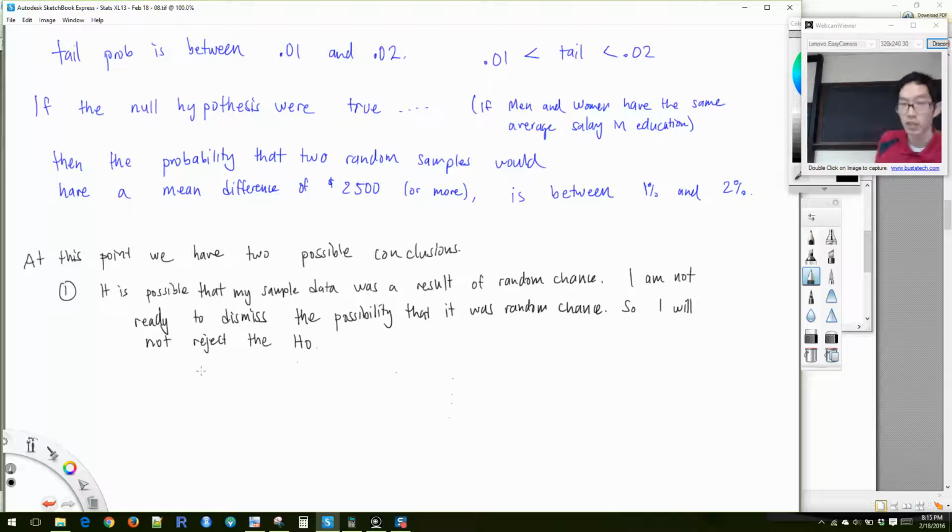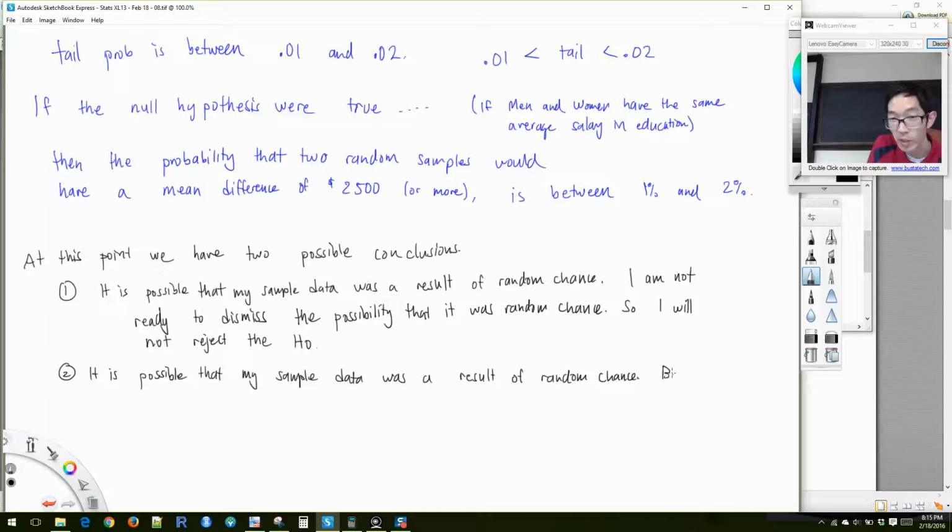The other conclusion is, it is possible. So these both start off with the same statement. It is possible that my sample data was a result of random chance.